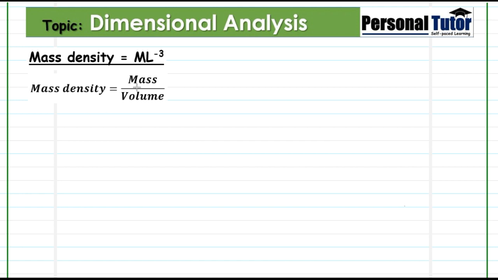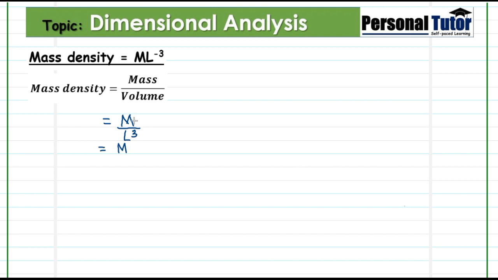Moving forward, the dimension for mass is M, divided by the dimension for volume, which in our earlier lesson was L exponent 3. With this, it could now be written in the linear form, with L exponent 3 going up, and that will be M. It is positive while in the denominator.